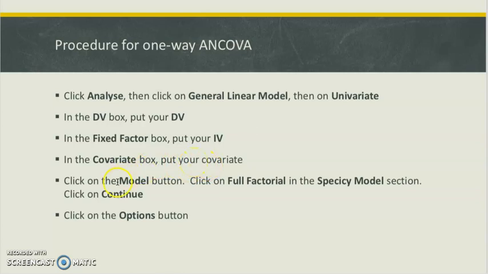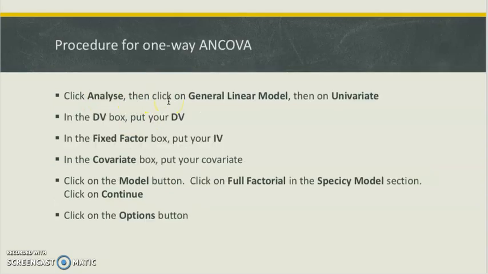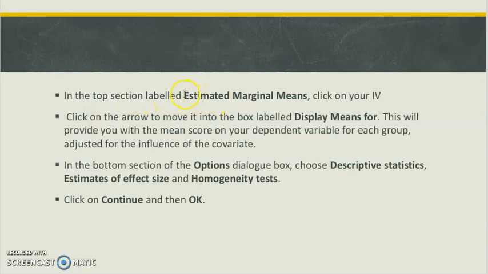Click on the model button, click on full factorial in the specify model section, click on continue and click on the options button. And then in the top section labeled for the options button, you choose estimated marginal means, click on your IV, and then click on the arrow to move it into the box labeled display means for.